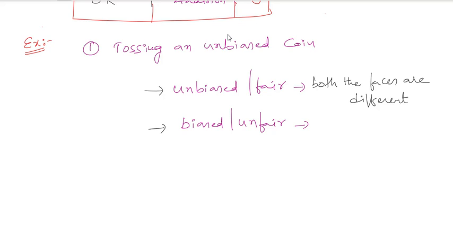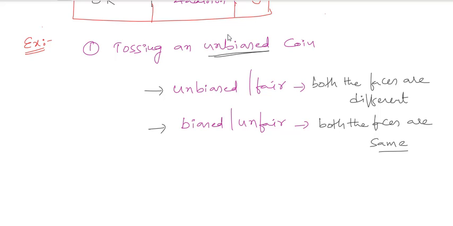If I take the biased or unfair coin, both faces are the same, either two heads or two tails. It depends on the situation, and they will design that criterion. So unbiased means both faces are different, one head and one tail. Biased means both faces are the same. This is the difference.